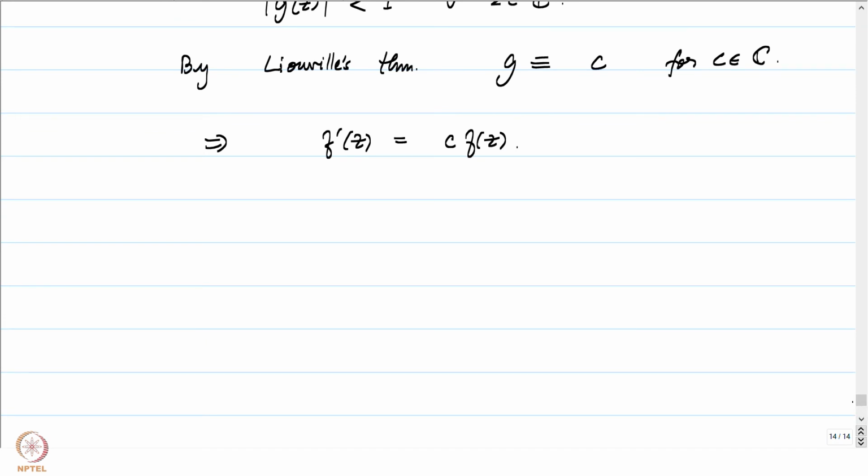Because it is an entire function in the entire complex plane, we will be able to write a power series expansion of f centered at the origin. Since f is entire, recall that we proved that f is complex analytic, and therefore if R is such that the closed disk D(z0, R) is contained in our domain omega, in D(z0, R) we have a power series expansion around z0 which converges to f.